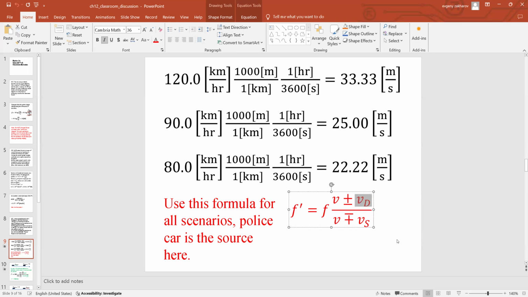V sub D is the speed of the detector, and V sub S is the speed of the source. And you have plus, minus, minus, plus: towards, away, towards, away. So if you want towards for the detector, you go plus. If you want away for the detector, you go minus. If you want towards for the source, you go with minus, and away for the source, you go with a plus.